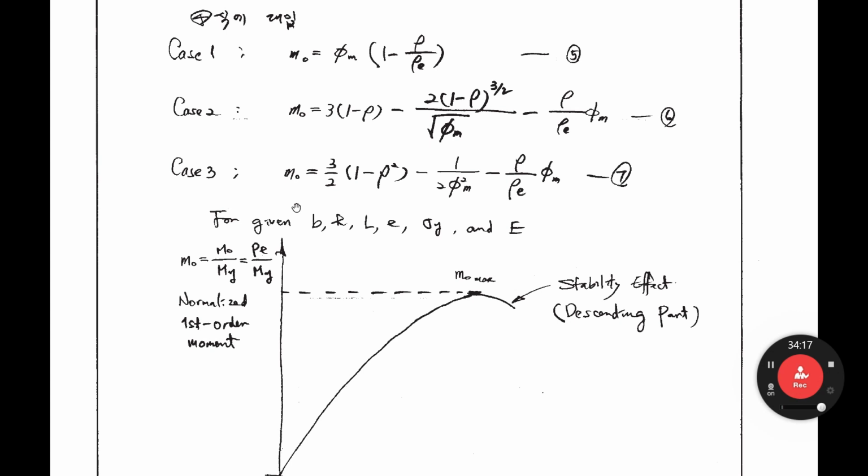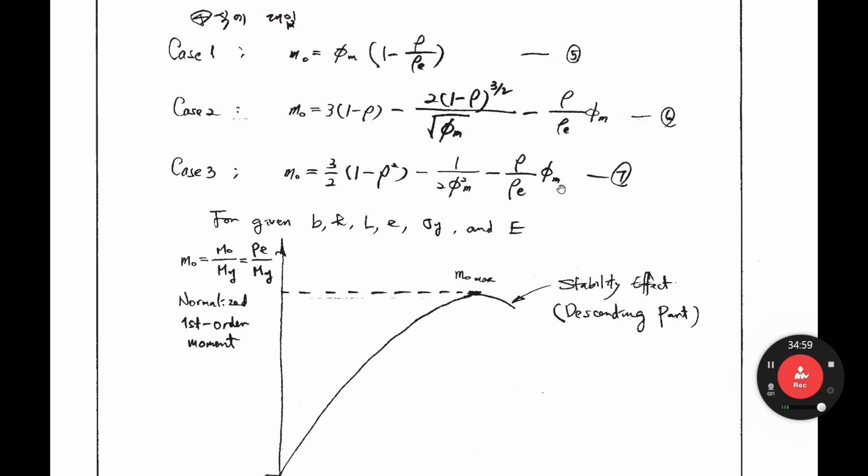Do you know where? Let's say rho equals P over P_y. P_y equals sigma Y and area, right? Like that. Do you understand? M0 is M0 over M_y. M0 equals P times E, E included. Do you understand?